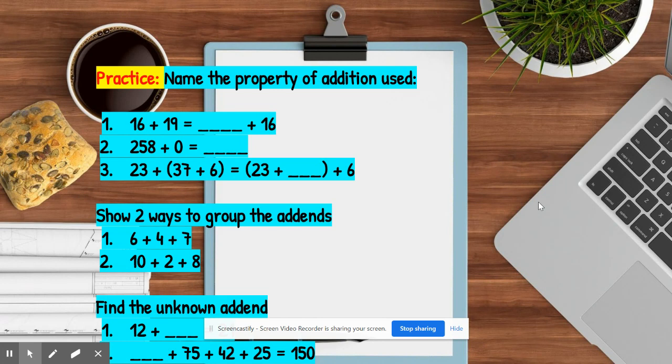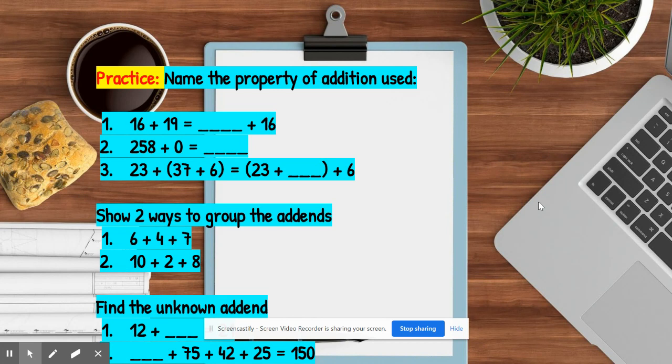30 seconds. You solve it. Nope. Remember, you've got to show me 2 ways.